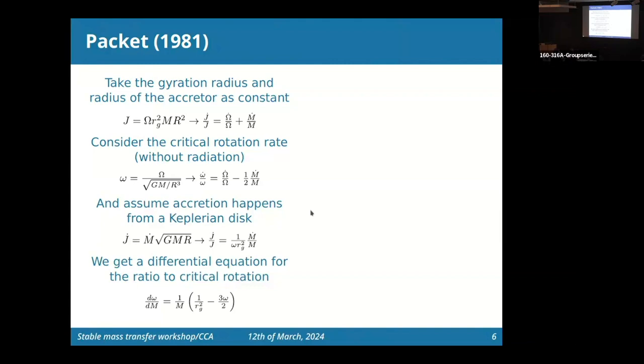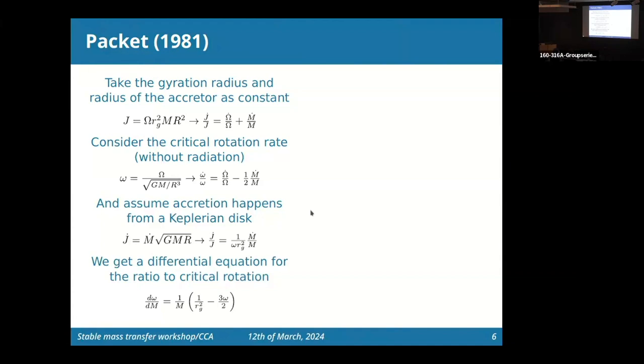So the idea of this paper is that you consider a star that's accreting. It has an angular momentum described in terms of its gyration radius. If we assume the gyration radius and the radius do not change much through accretion, we can compute the time derivative and get to that equation over there. We do the same with critical rotation, in particular the ratio of the rotational frequency to the Keplerian rotation rate.